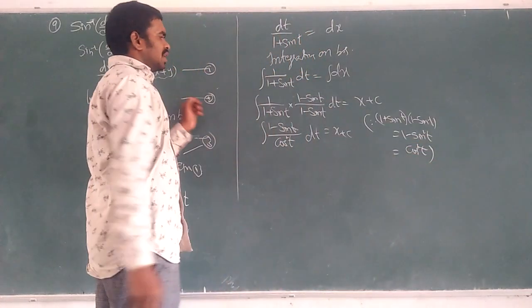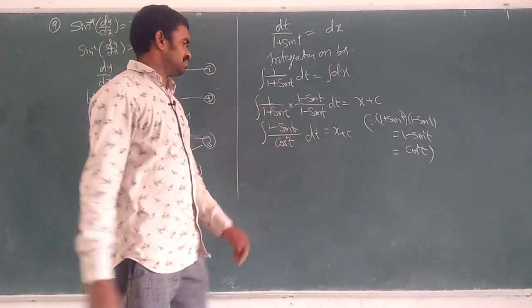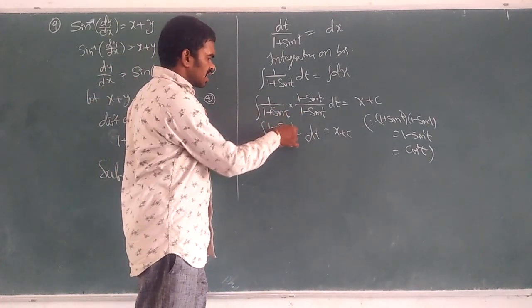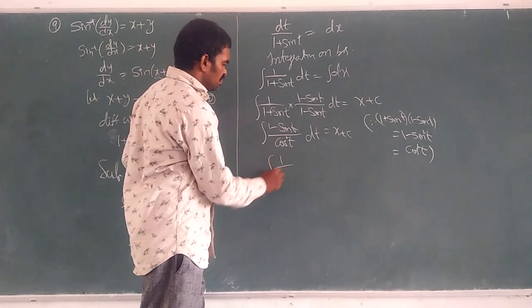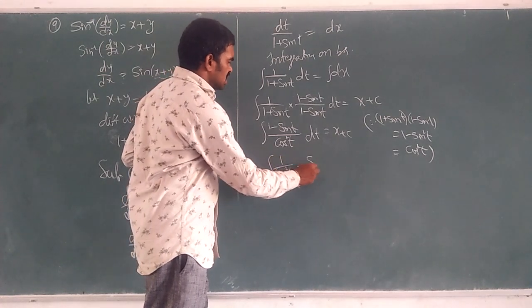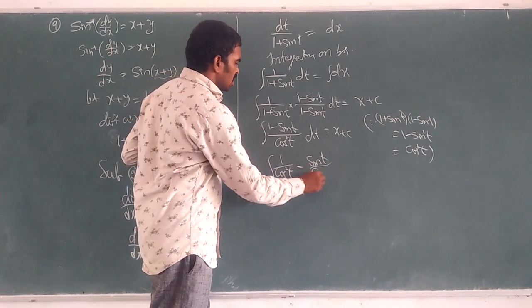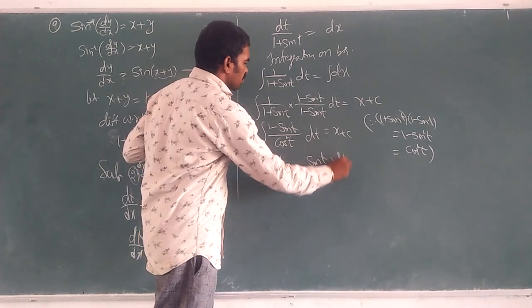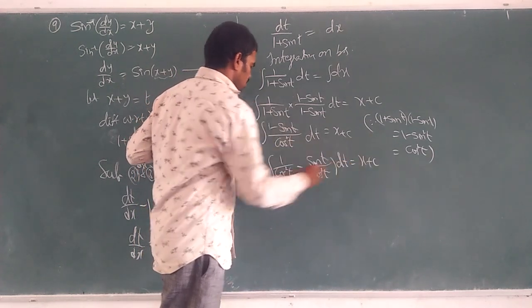Okay. So according to that, the denominator we can see. Now separate 1 by cos square and sin by cos square: 1 by cos square t minus sin t by cos square t dt is equal to x plus c.